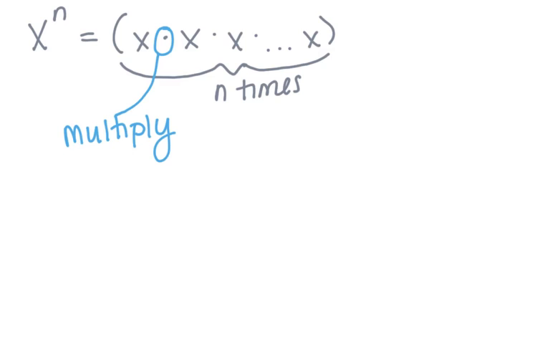So x represents the factor that will be repeatedly multiplied by itself, and n represents the number of times that x will be multiplied. Now, what if I gave you a problem that just said 4n, and I wanted you to write it as an expression?